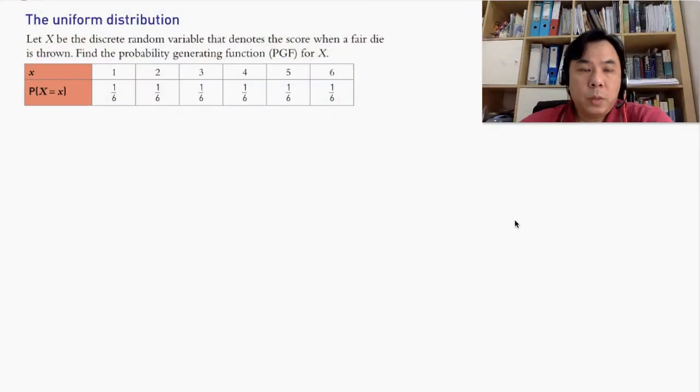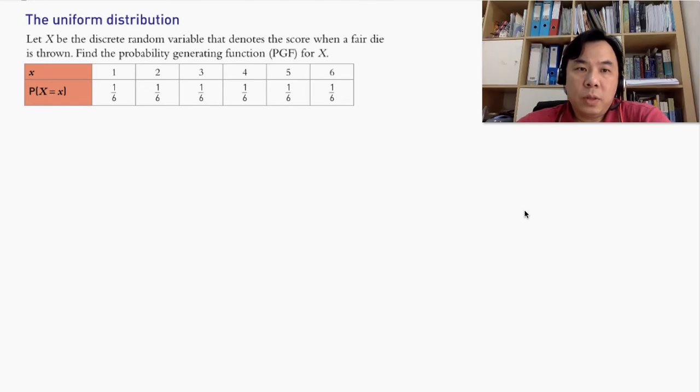Now next we're going to look at some standard discrete probability distributions, and after that we are going to generate the probability generating function for each one of them.